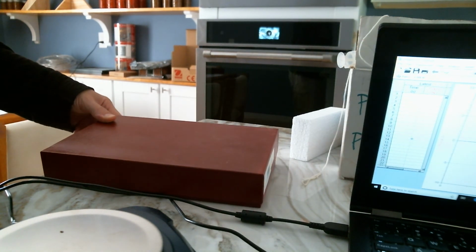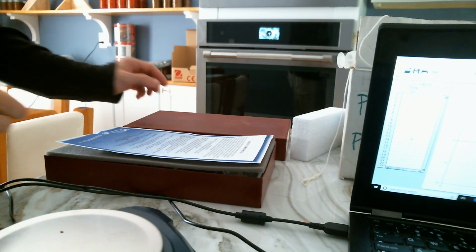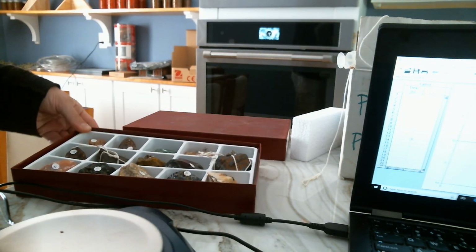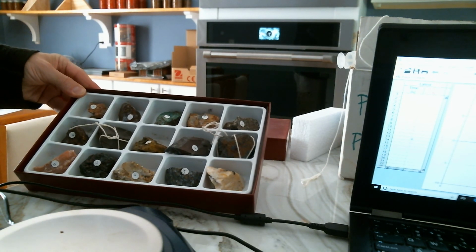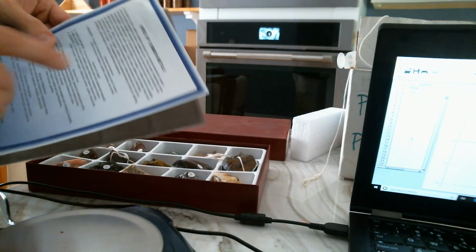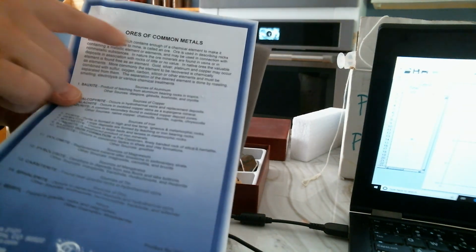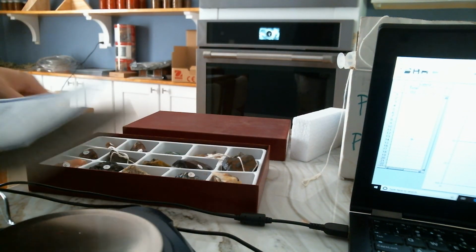This box here, maybe you remember looking at things like that. Look at those. This class rocks. But these are samples of common ores for metals that you probably looked at in a middle school kind of earth science class. And they're all labeled.